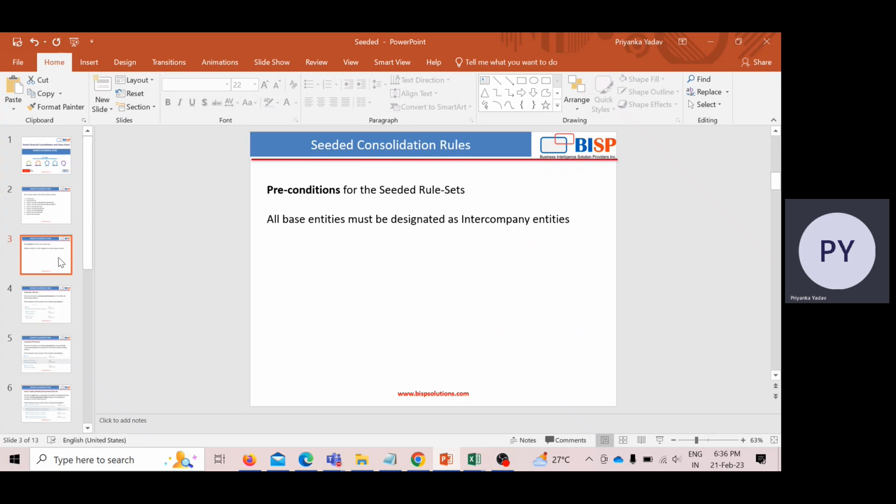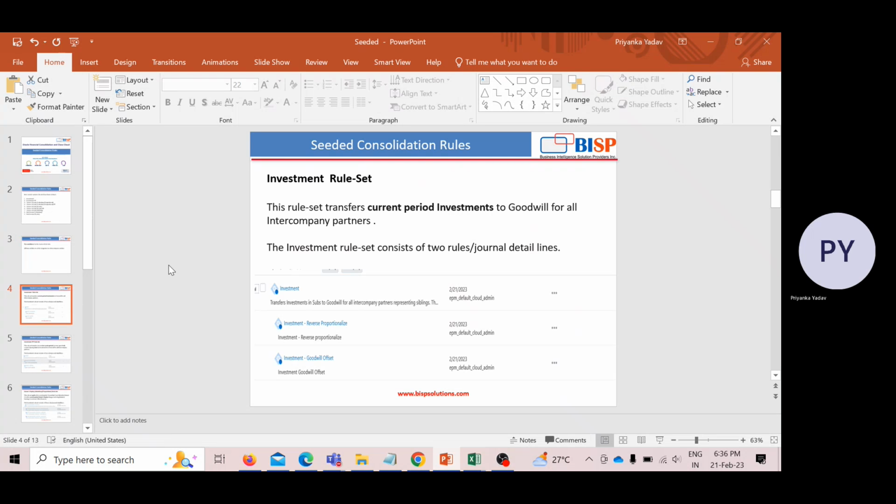So the data entered for investment in subsidiaries in the holding company must include an intercompany dimension entry that identifies the owned entity. Let's go to each rule one by one.